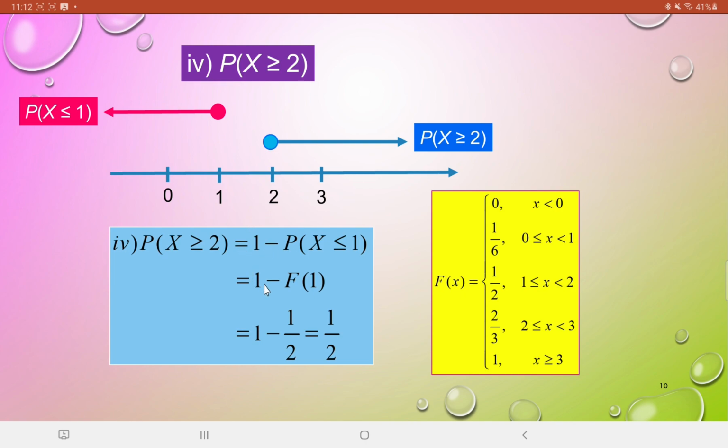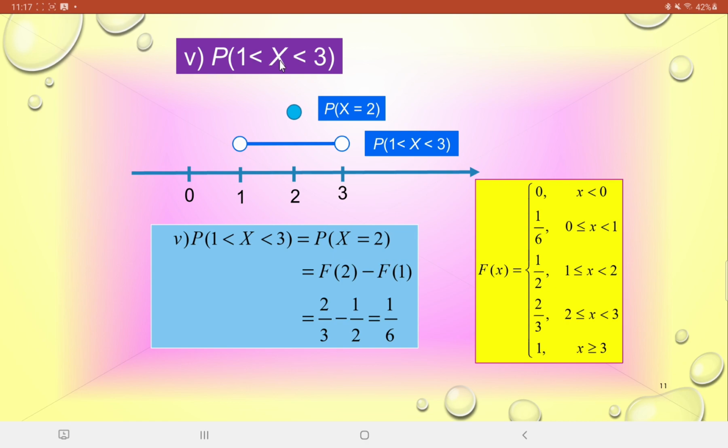So, 1 minus F(1). From the CDF, F(1) is 1 over 2. So, 1 minus 1 over 2, and we get probability x more than or equal to 2 is 1 over 2.